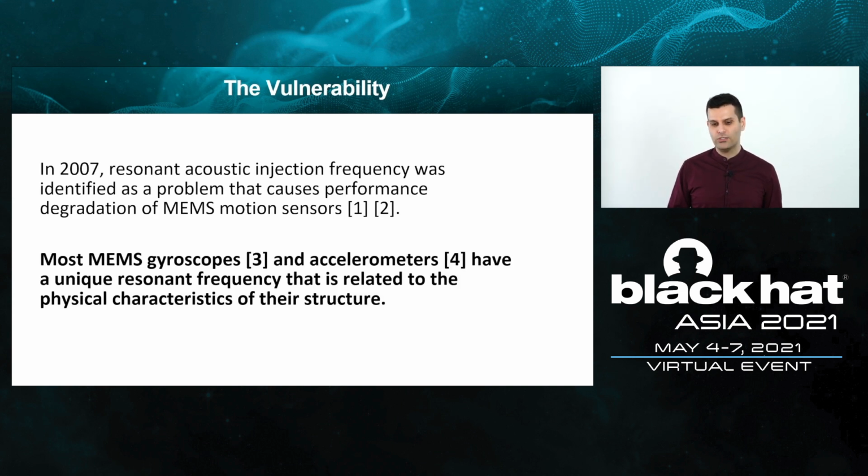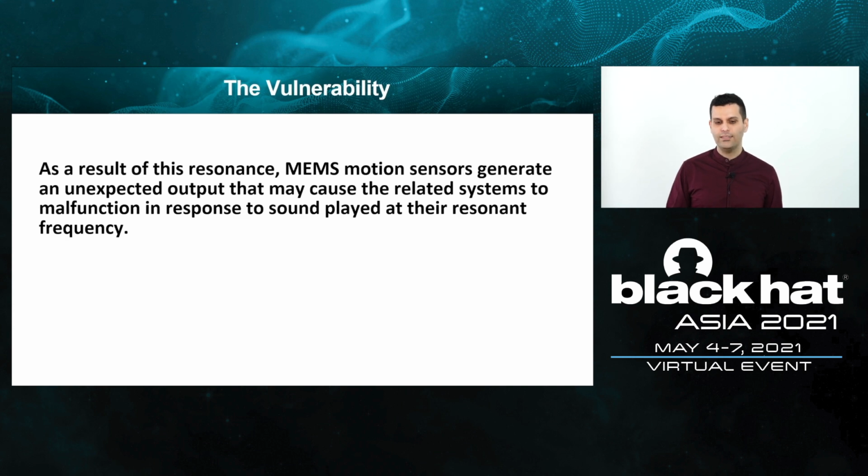Most MEMS gyroscopes and accelerometers have a unique resonant frequency that is related to the physical characteristics of their structure. As a result of this resonance, MEMS motion sensors generate an unexpected output that may cause the related system to malfunction in response to sound played at the resonant frequency.